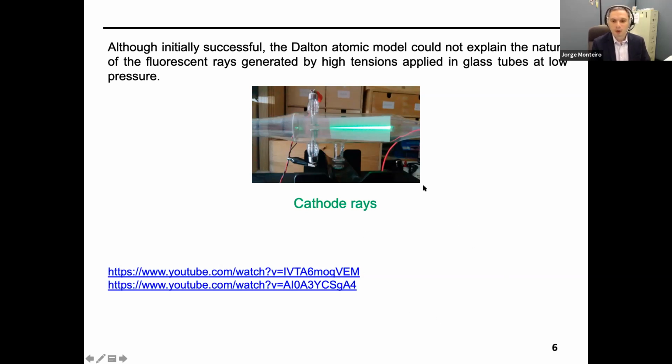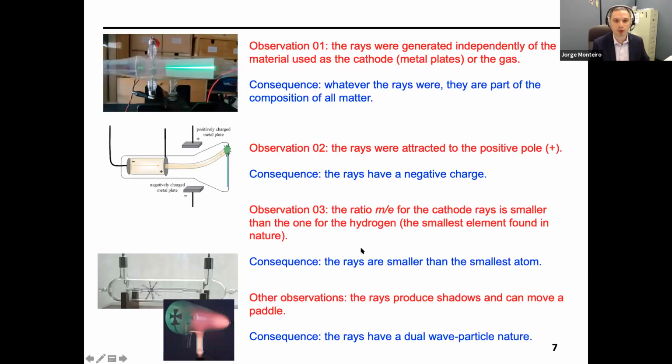Okay, so what happened with the cathode rays that the Dalton atomic model was not able to explain? So let's see here a series of observations and see the consequence of each observation.